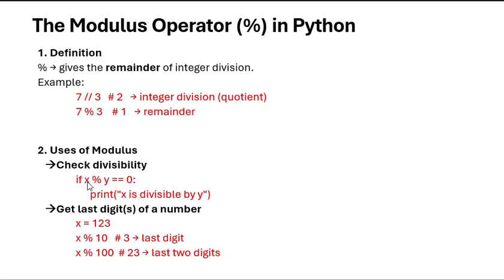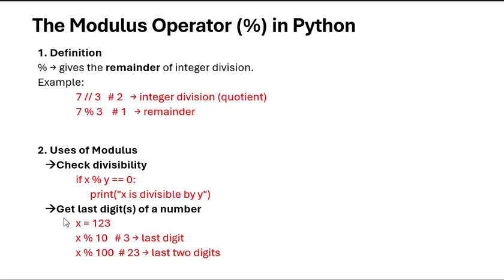If this condition is satisfied, then it prints x is divisible by y, or else it won't print anything.